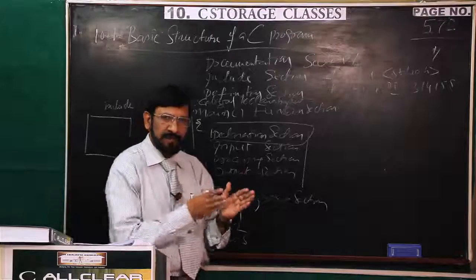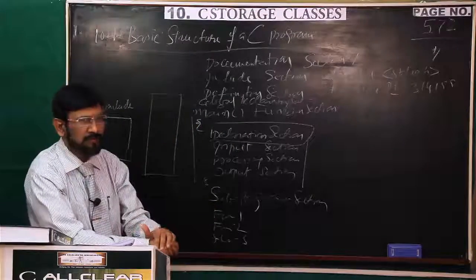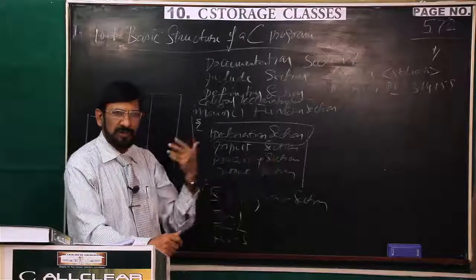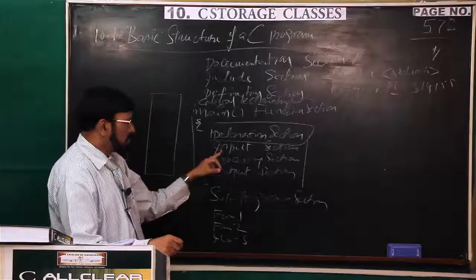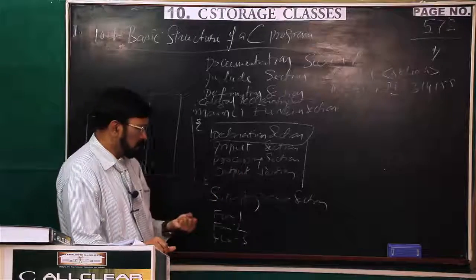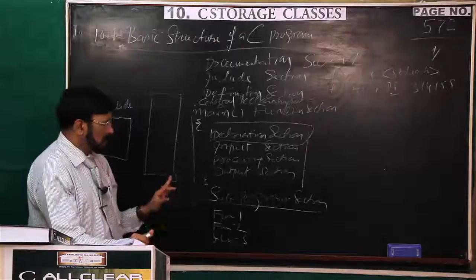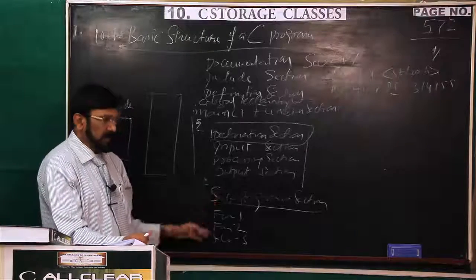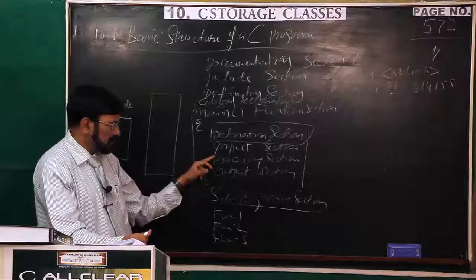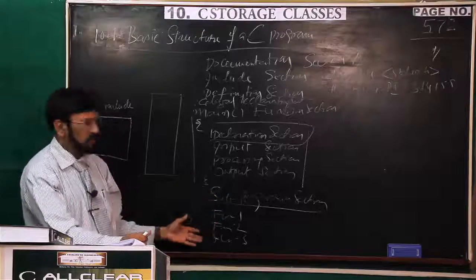The main task is divided into subtasks, and for achieving those subtasks, several functions are defined, and mainly in the processing section the functions are called. Functions are nothing but subprograms. This we can call the subprogram section. In the subprogram section, we define all the functions, whatever functions you called here, and from the main you define those sections.